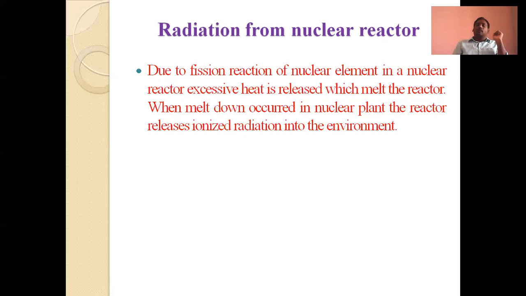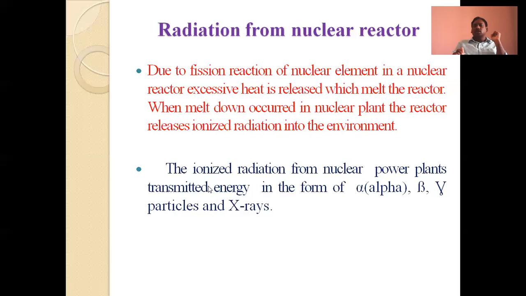The radiation released from the nuclear reactors is ionized radiation. If you observe TVs and cell phones, radiation is also released, but that is non-ionized radiation. The impacts of non-ionized radiation on the environment are less.